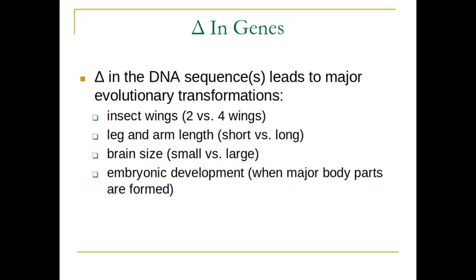It can change your leg and arm length from short to long. We have been able to actually change a single gene in reptiles that have scales, and have those scales change into feathers. We've done this in scientific laboratories, where we manipulated a gene sequence and that reptilian scale became a feather in the next generation.